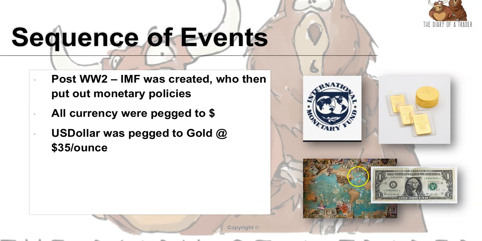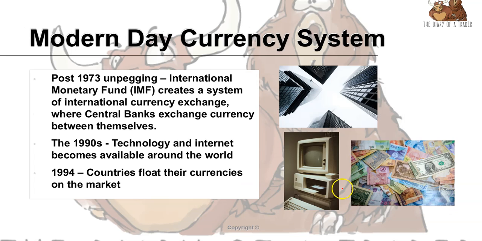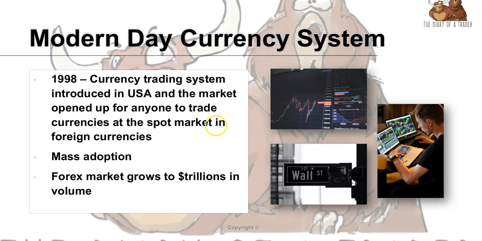Then we had all the currencies linked to the dollar after the war, and then the dollar linked to gold, then the dollar taken off the gold system, and then the technology created the biggest market in the world, and massive opportunities for anyone to trade those currencies.